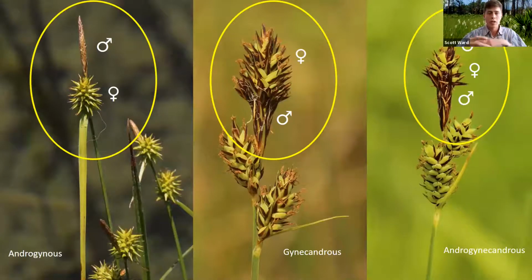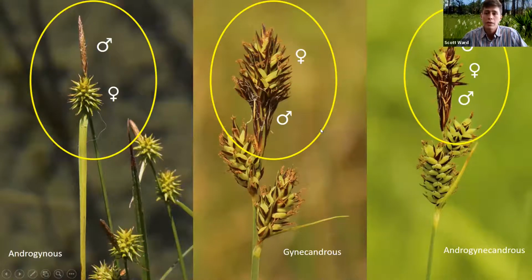As I mentioned, there are terms for when male spikes occur above female spikes and vice versa. On the left here is an example of an androgynous plant, Carex flava, where the staminate spike sits above the female portions. This is Carex buxbaumii, one of my favorite species, where the female portion with the Perigynia sits above the male flowering portions right here.